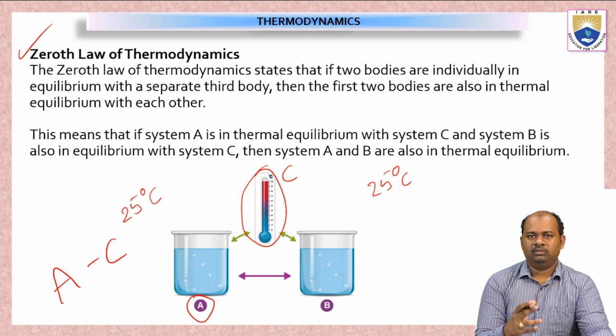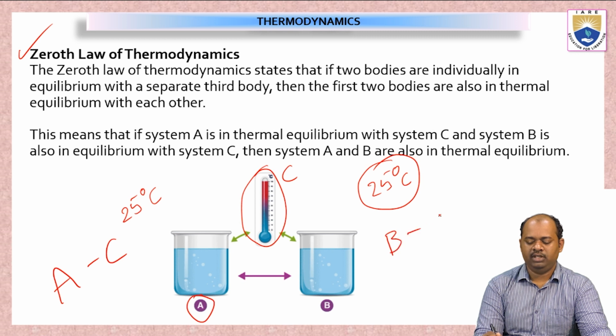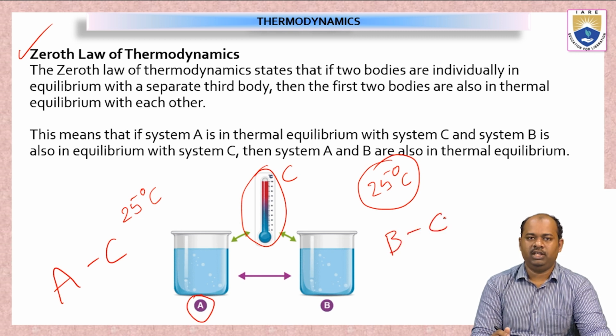So the objects A and C are in thermal equilibrium. After that, I kept the thermometer in the second container, and both of them became thermally equilibrium by raising the temperature to 25 degrees centigrade. So here also the temperature is 25 degrees centigrade. Now the objects B and C are in thermal equilibrium.